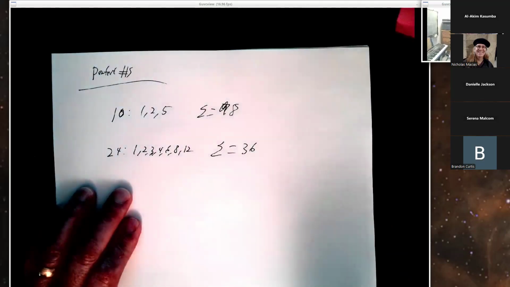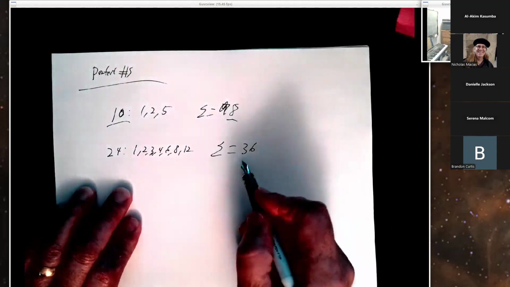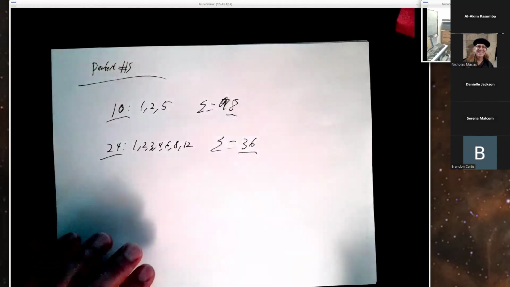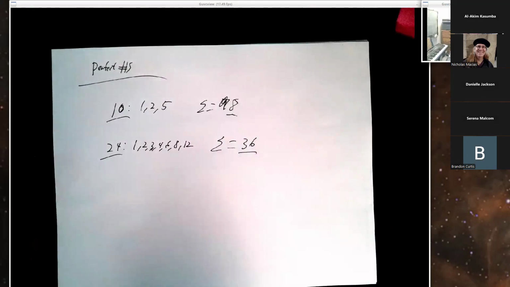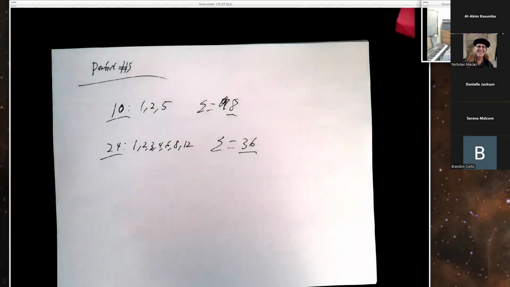So sometimes the sum of the factors is less than the number. Sometimes it's bigger than the number. Question is, is it ever equal to the number? Are there numbers where the sum of the factors less than the number itself is equal to the number?